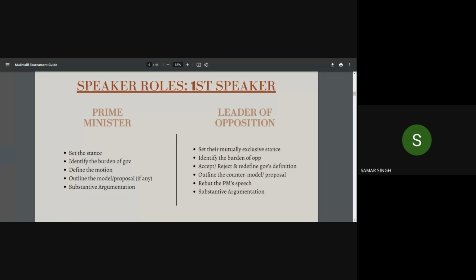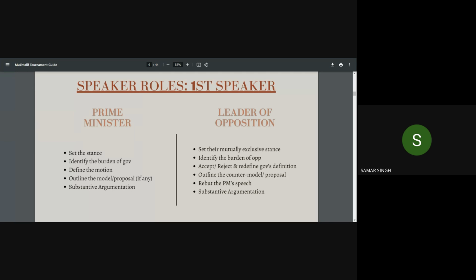So rebuttal is basically something that you want to ask the government, or a cross question to the government, or something where you just want to say that the government is not telling the truth, they're just telling a lie, and prove why it is a lie and how you believe so. So that is called a rebuttal.